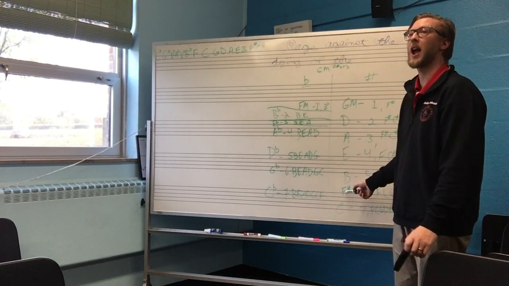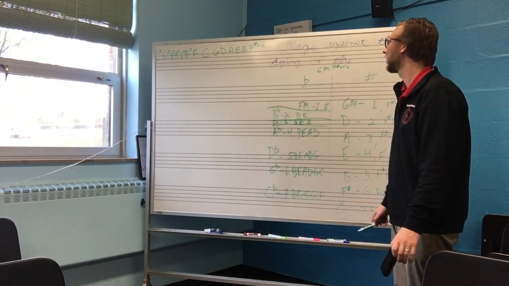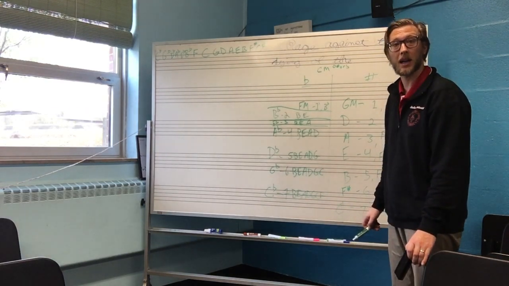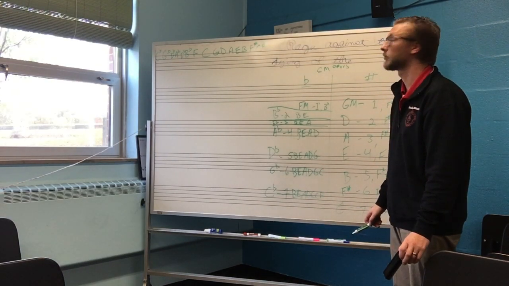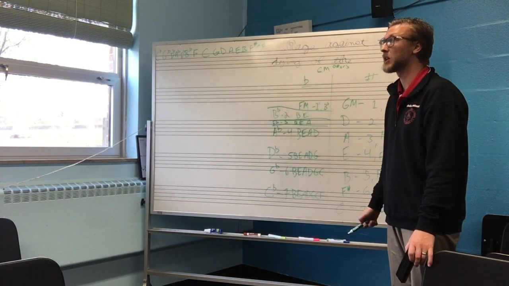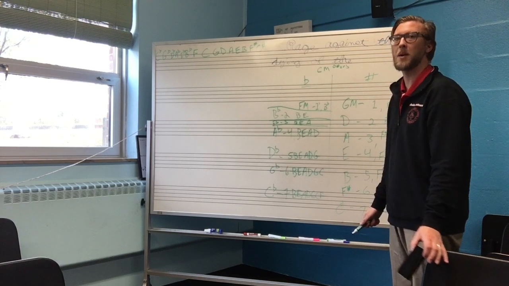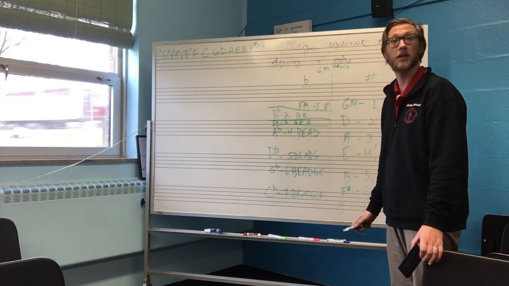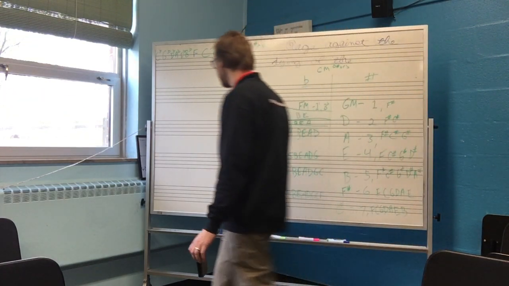What do you notice about F sharp and G flat? They're enharmonic. Didn't I say that? You did say that. You noticed it all the way back then? Yeah, that's great.